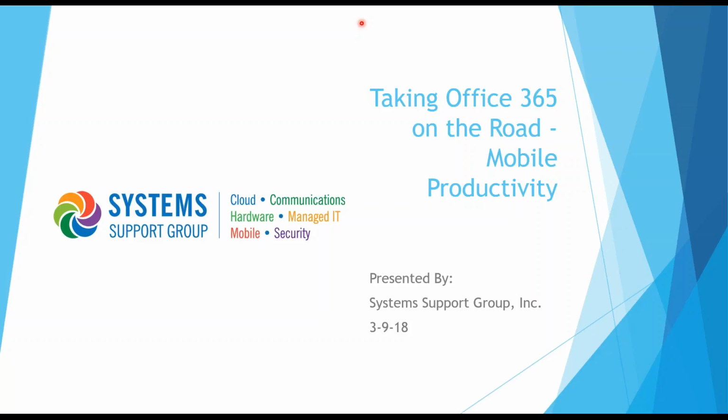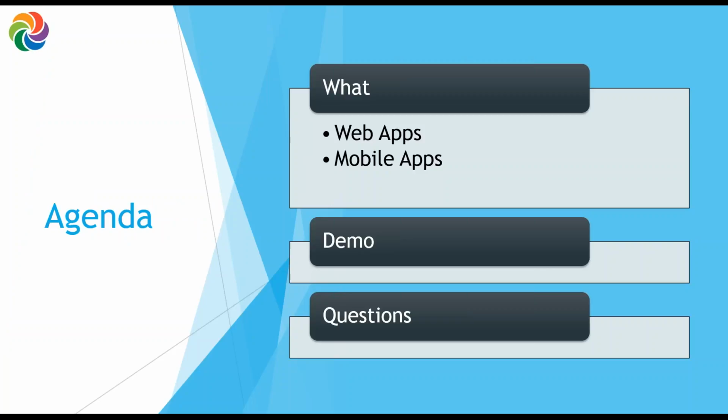So today's session is taking Office 365 on the road, and it's mobile for mobile productivity. And one of the things, most of you that are on the line already have Office 365 or you're getting ready to install Office 365.